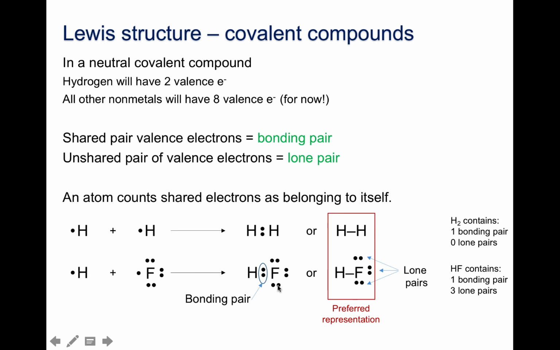But these pairs of electrons around fluorine that are not in between another atom represent the lone pairs of electrons. This over here would be the preferred representation for the HF molecule. HF has 1 bonding pair and 3 lone pairs. Hydrogen has 2 electrons around it, satisfying its quote-unquote octet rule. Fluorine has 2, 4, 6, 8 electrons around it, satisfying its octet rule.